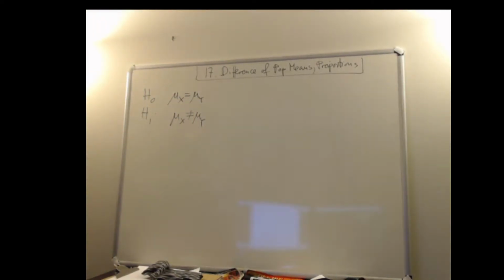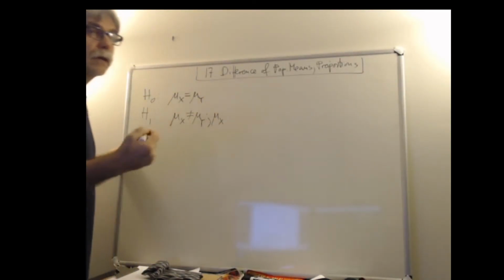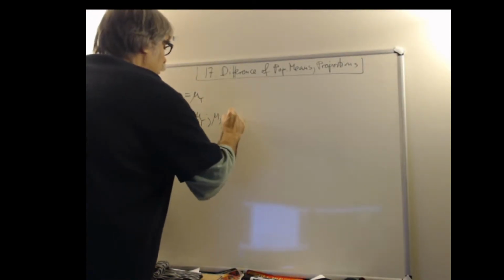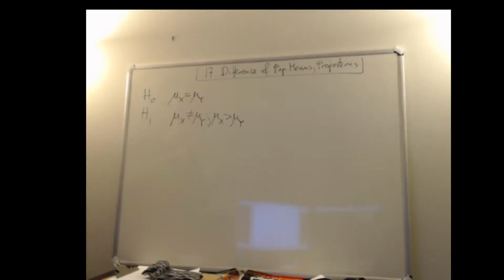You can be more specific about it. You can say that the first population, if you have evidence of that, has a higher mean than the second population. This would be the right-tail test. Or lower, which would be the left-tail test.